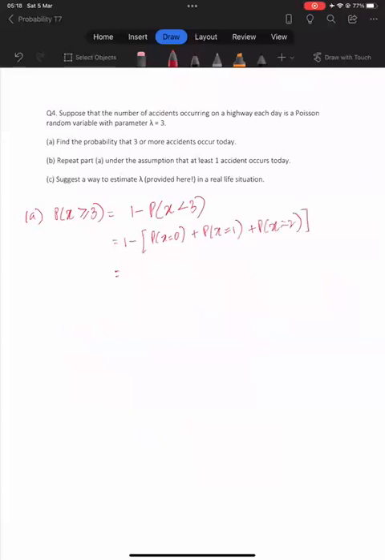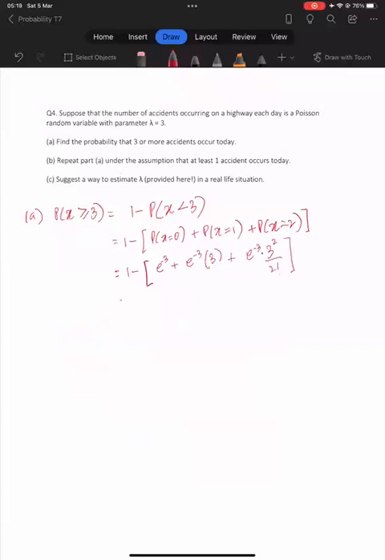So we get 1 minus e to the power minus 3 times 3 to the power 0 divided by 0 factorial, which is just 1, and then e to the power minus 3 into 3, because lambda is raised to the power 1, divided by 1 factorial, and then e to the power minus 3 into 3 squared over 2 factorial.